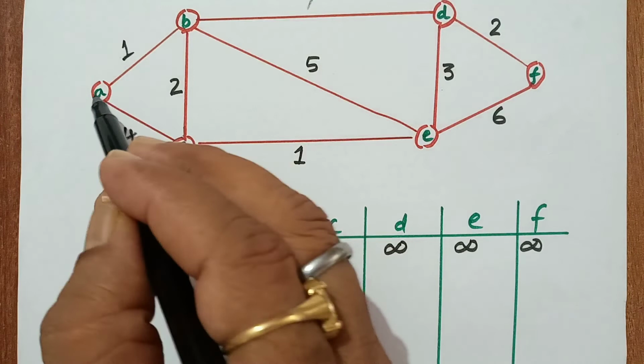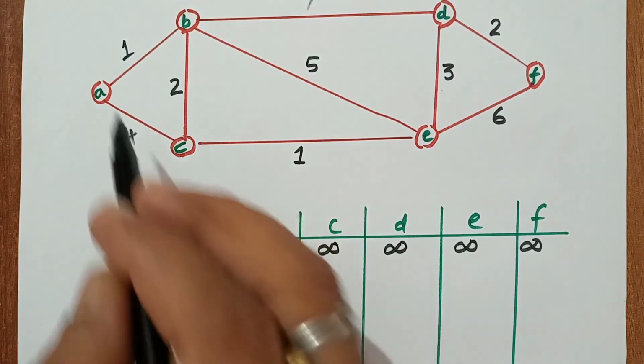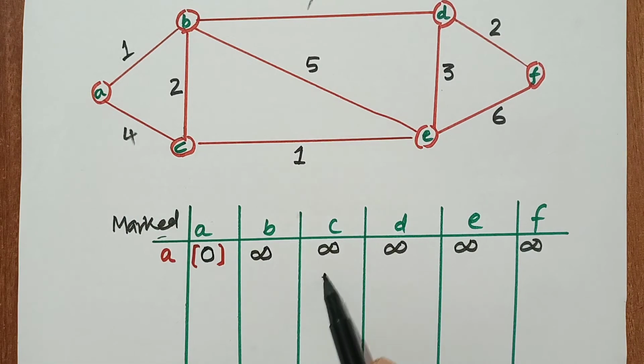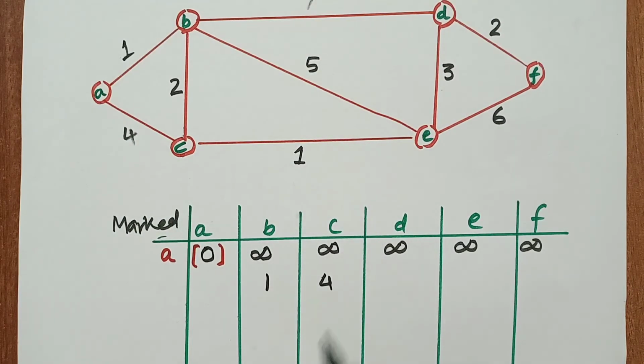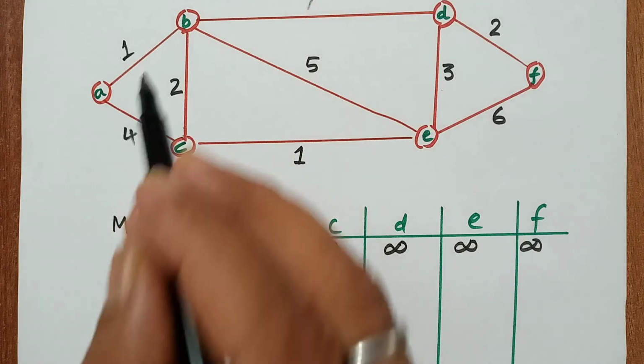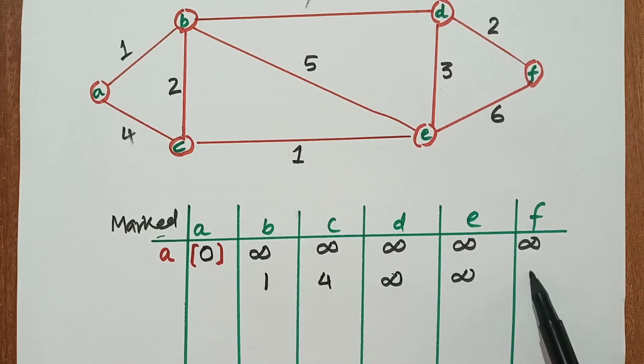Below C we write 4 and below B 1. And for the remaining vertices we write the same thing because these are not directly connected, so copy the value infinity.